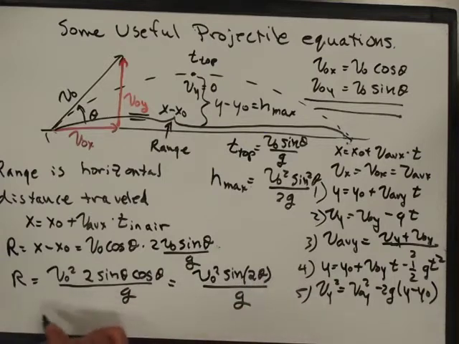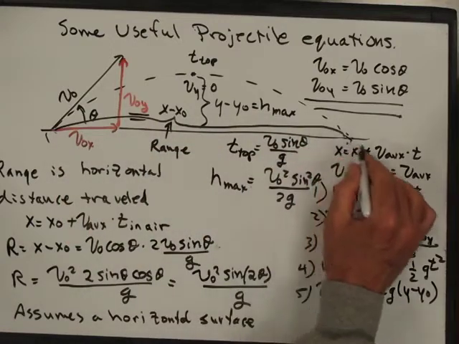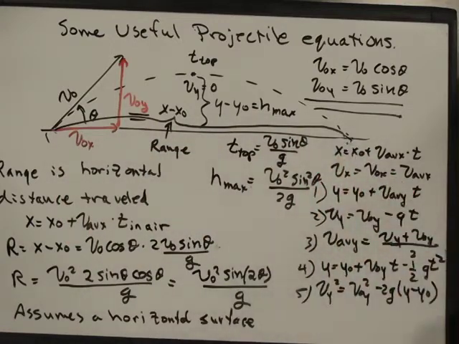And so again, this assumes a horizontal surface. This formula does. This is only valid when the surface is flat. If you were to throw it off the Grand Canyon, it would keep moving horizontally much further than this, and so it only counts when the surface is horizontal.